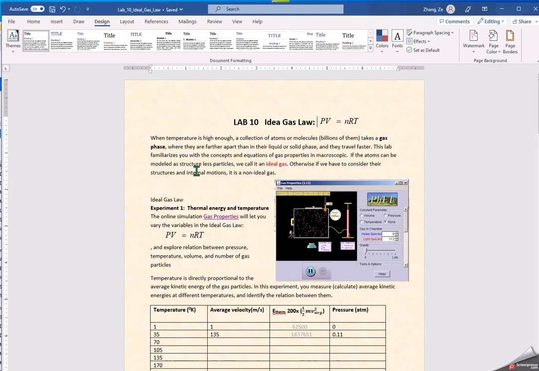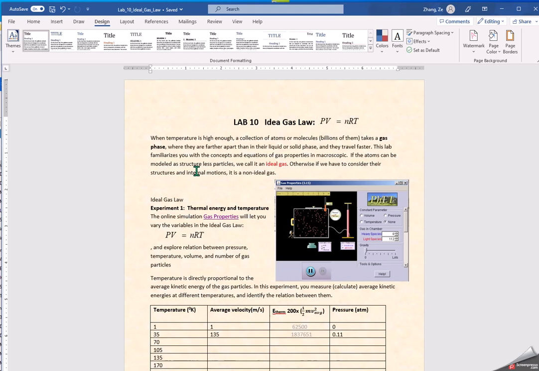In this lab, we become familiar with the equation of gas properties at the macroscopic level. We can explore their overall properties in terms of the overall volume of a collection of gas molecules, the pressure as a whole, and then the temperature.